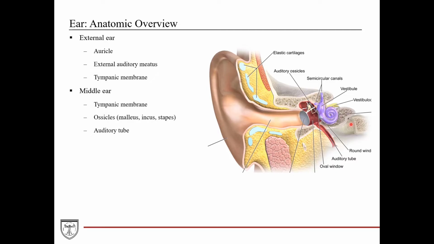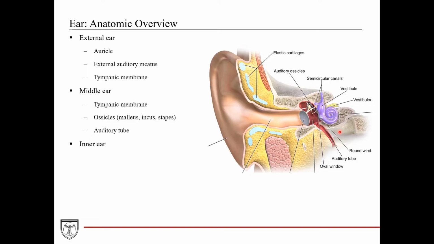The third and the most medial aspect of the ear is the inner ear, and this part is embedded within the petrous region of our temporal bone. The inner ear, as you can see, is really complex in its anatomy, which we'll look at in a little more detail later.